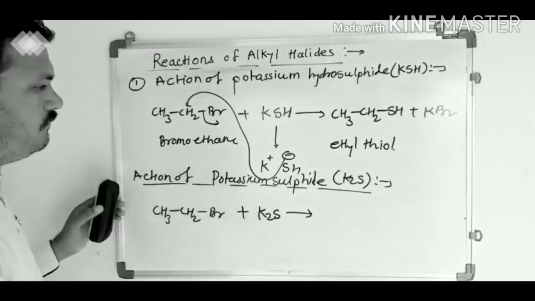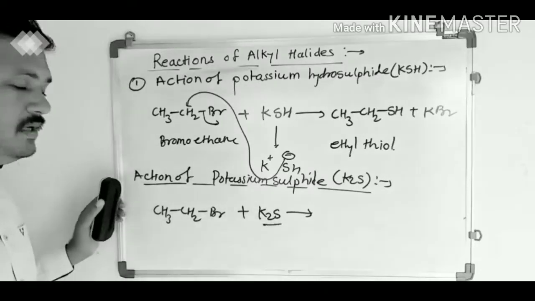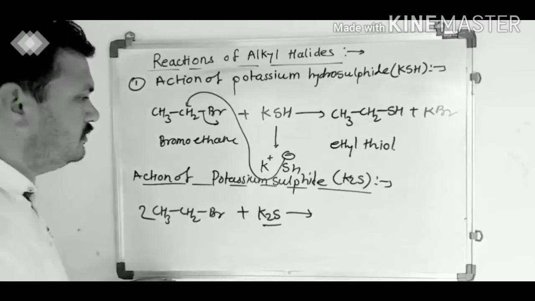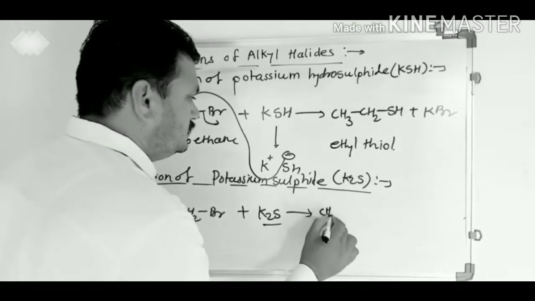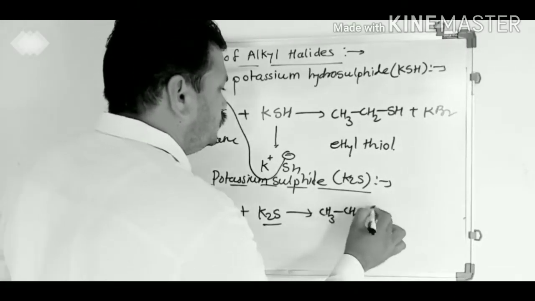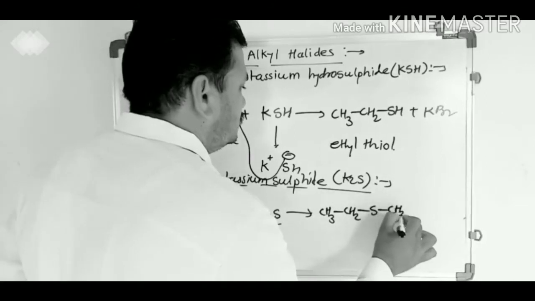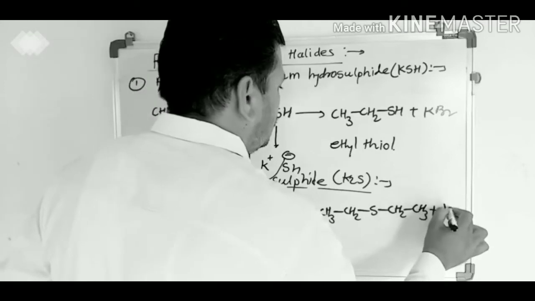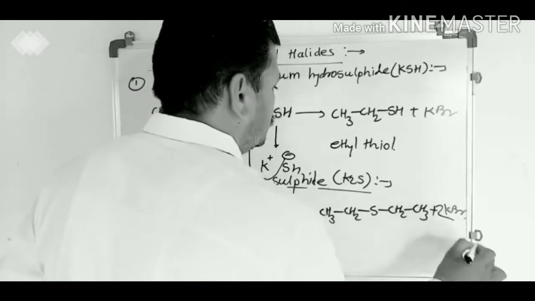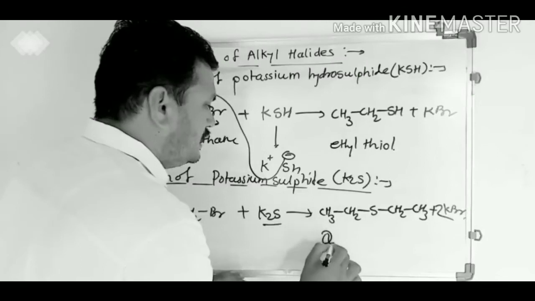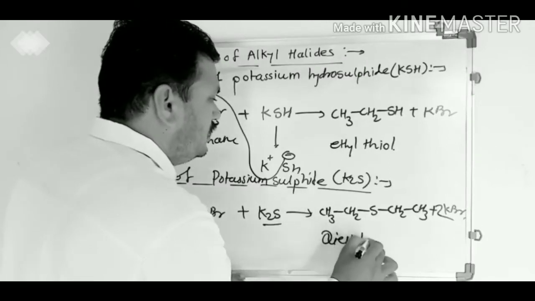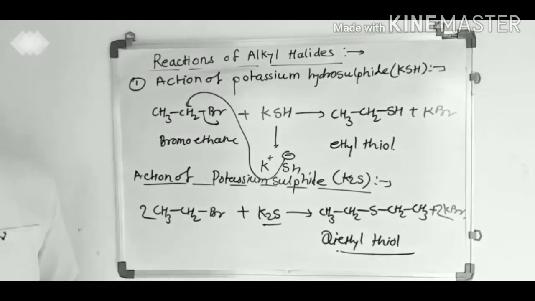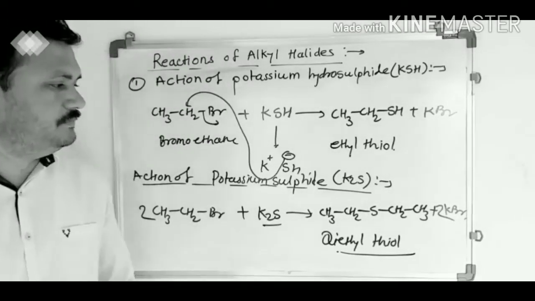One mole of potassium sulfide is capable of reacting with 2 moles of alkyl halide, and we get the product CH3CH2SCH2CH3 plus KBr 2 times, and it is diethyl thioether. Formation of diethyl sulfide takes place.